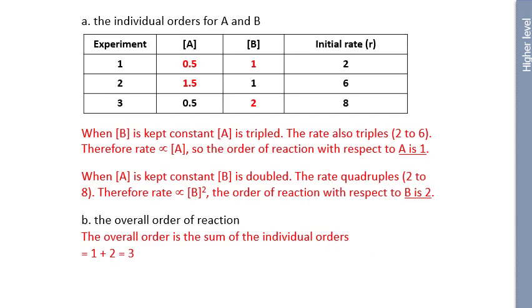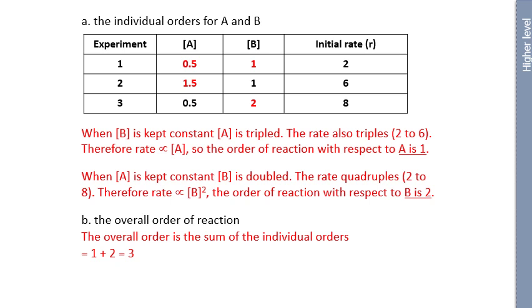Right, so the individual orders for A and B. So experiment 1, the concentration of A is 0.5, concentration of B is 1, initial rate is 2. Concentration of A is 1.5 in the second experiment, concentration of B is 1, so therefore the initial rate is 6.